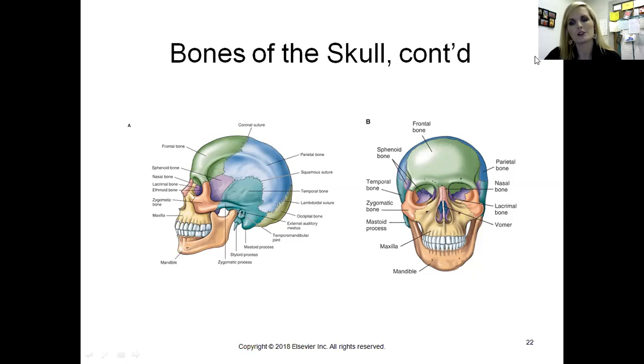Number 3 on your diagram is pointing to this upper, right above the teeth, so our upper face goes on either side of the nose before it reaches the cheeks. That's our maxilla. Sometimes people call it the maxillary bone, but maxilla is just fine there. And then number 4 is pointing to the only bone that moves in our face and our cranium, called the mandible.